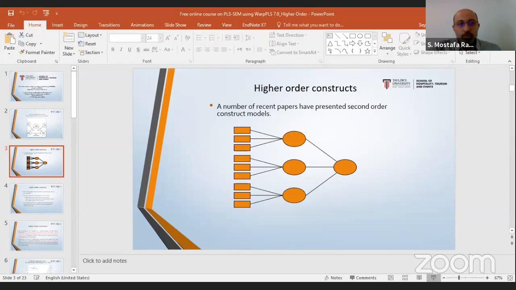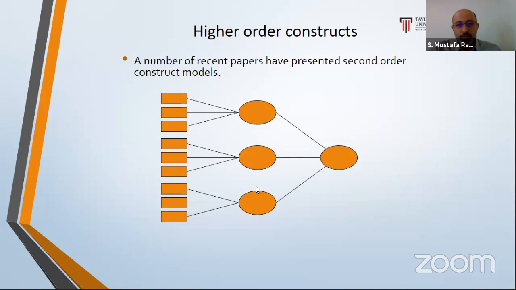The concept of higher order construct refers to a measurement model that has more than one dimension. We evaluate the measurement model based on some dimensions, and these dimensions are measured by some items.